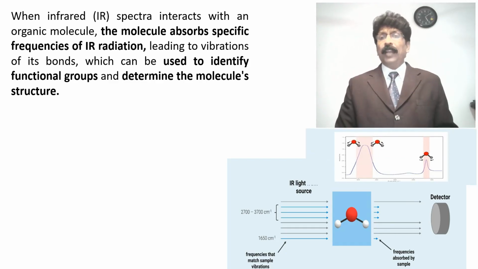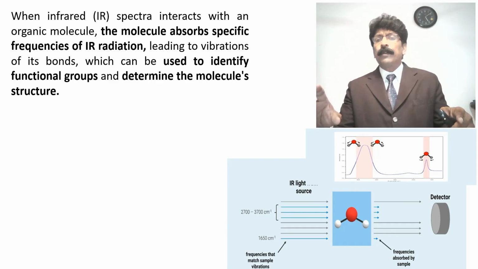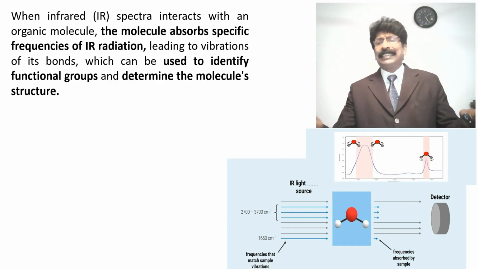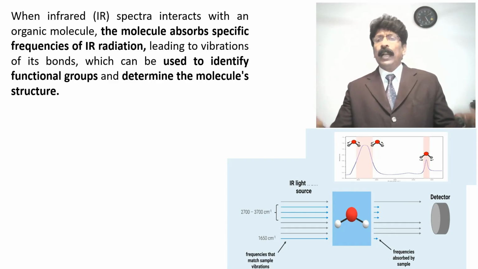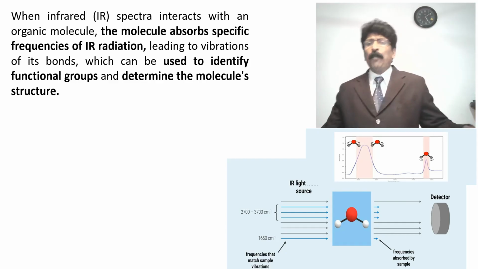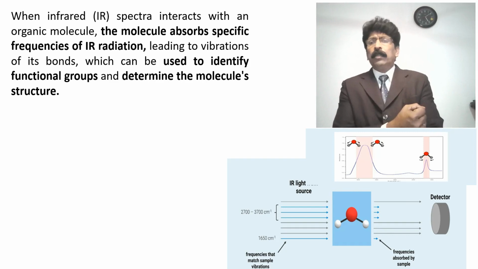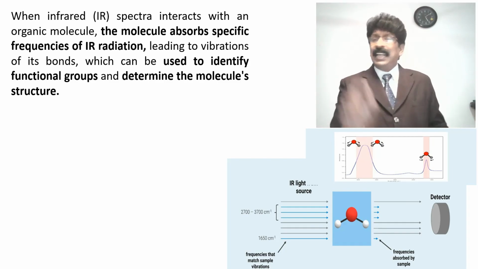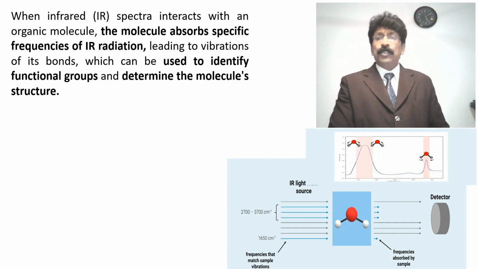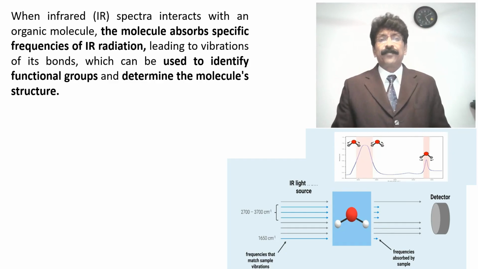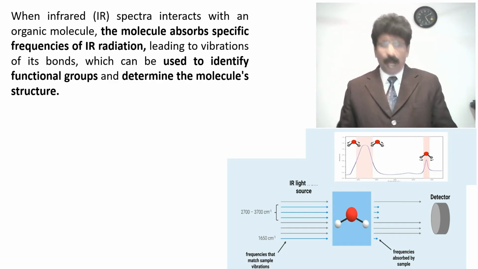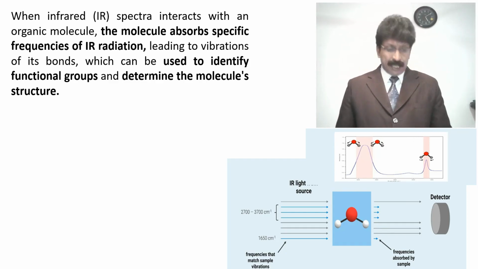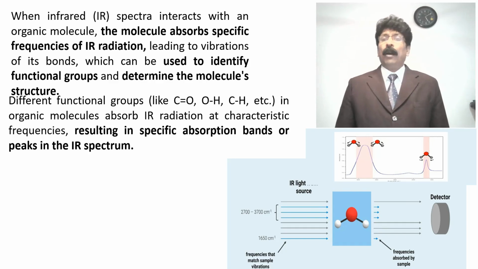You can see the arrows and peaks shown for identification. You can see the stretching of the bond, bending of the bond, asymmetric stretching, and symmetric stretching in the small diagram. So this gives different peaks due to the fall of the IR spectrum over the organic molecule.